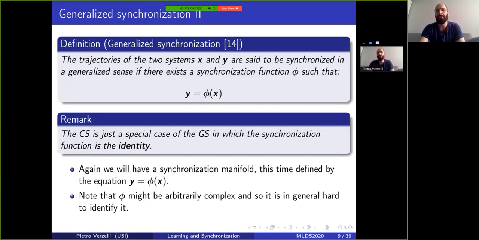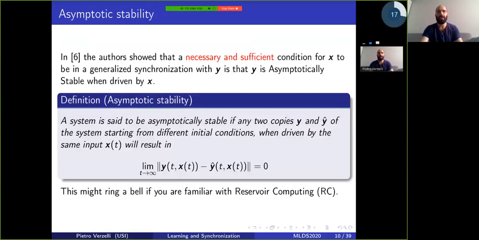But phi, in general, could be arbitrarily complex. It can be any function, any shape. And so it's really hard to find the actual phi or even assess its existence, because maybe what seems uncorrelated is actually related by a really complicated phi. But luckily, in a really famous paper, the authors show that there is a necessary and sufficient condition for generalized synchronization, and it is based on asymptotic stability.